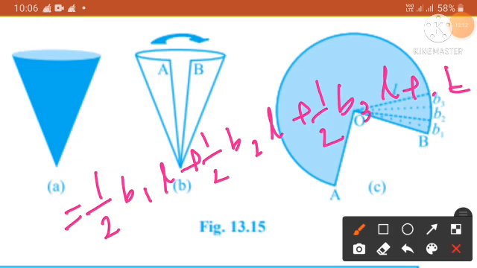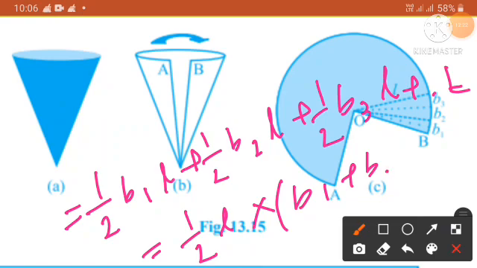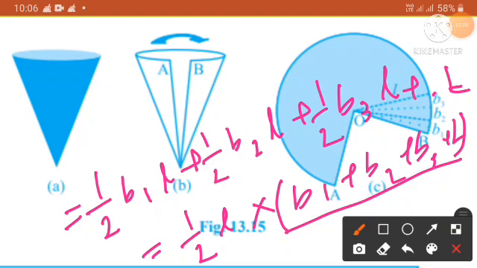Okay, so we are getting half as common and L as common, and then B1 plus B2 plus B3 and so on, that means it is the length of the entire curved boundary. Okay, got it?